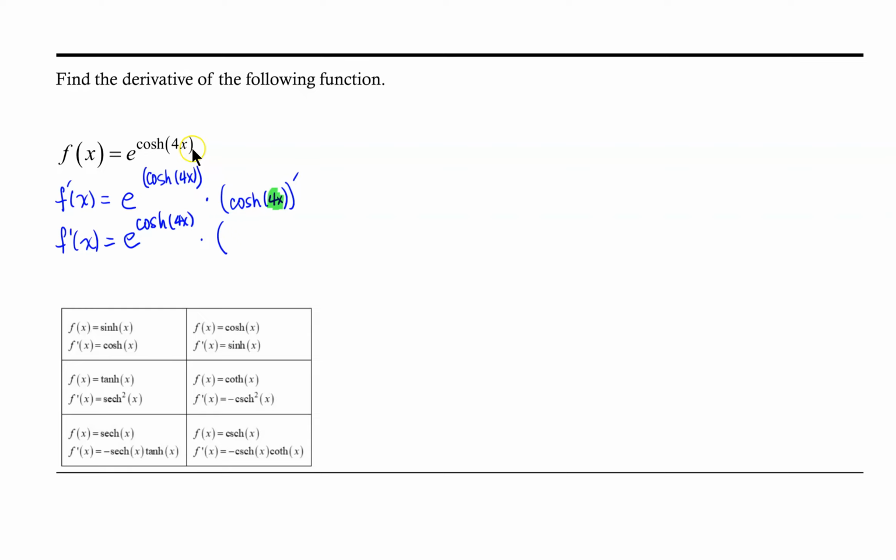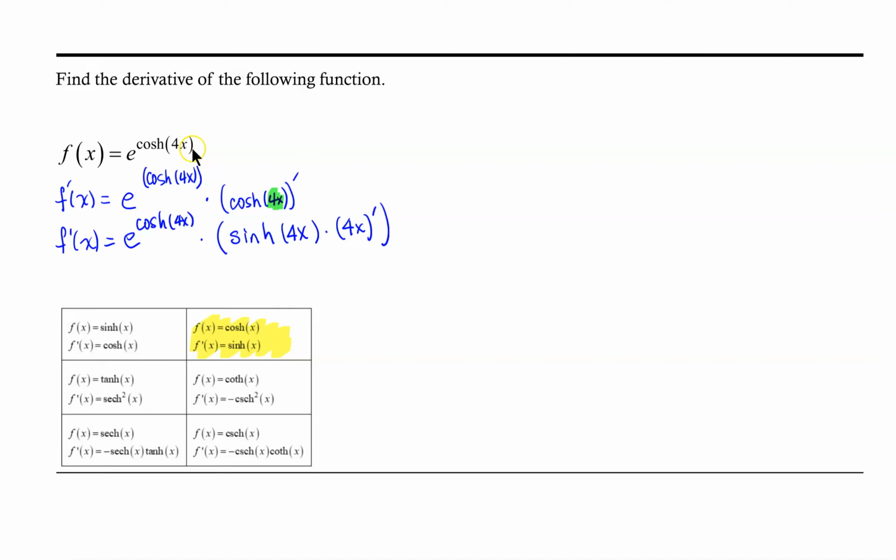So the derivative of cosh from our table here is sinh of x. So we will have sinh, leave our argument alone, then multiply by the derivative of our argument.